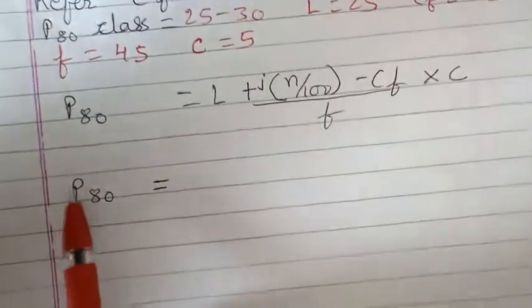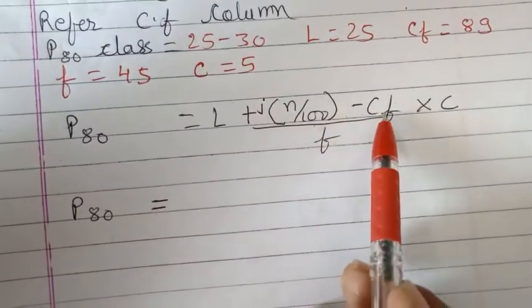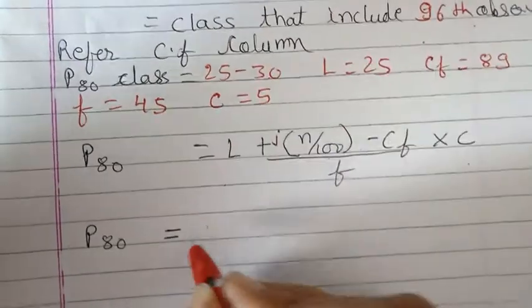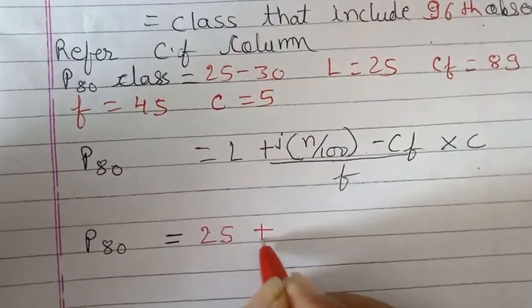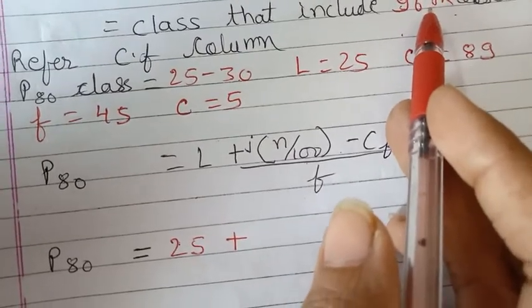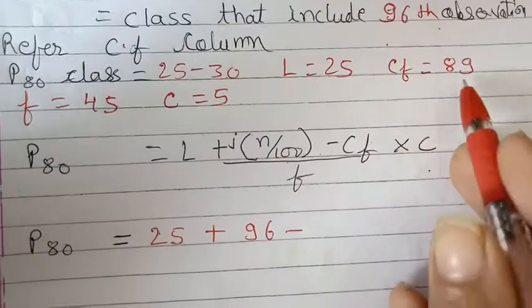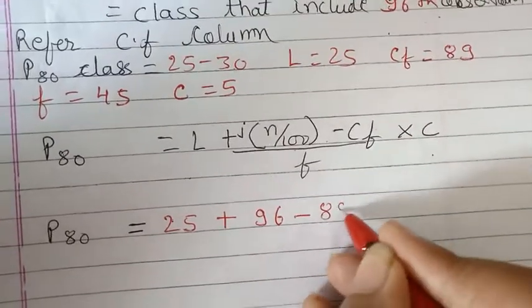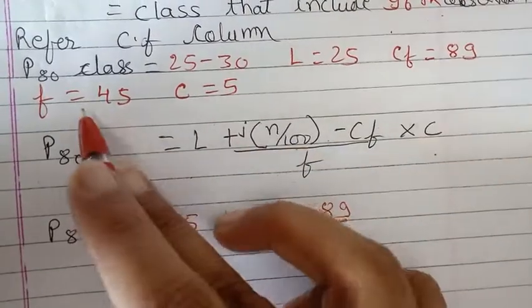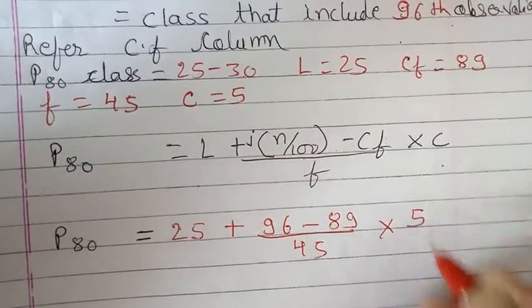Now we got all our values, we'll put them in our formula. P80 is equal to L plus J N upon 100 minus CFI upon F into C. So L, the lower boundary point, is 25, plus J N upon 100 we found just now, that was 96, minus CFI 89, divided by frequency 45, and class length is 5.